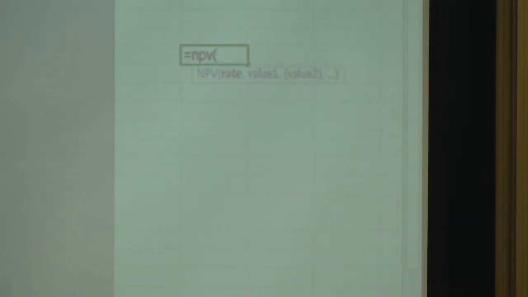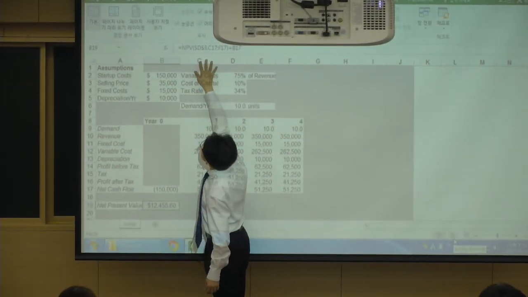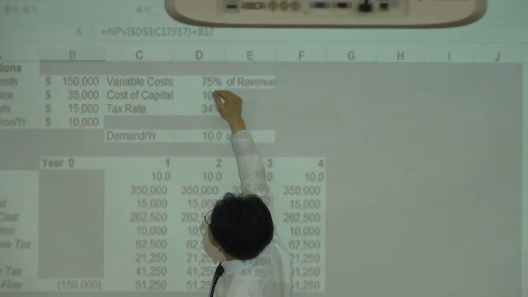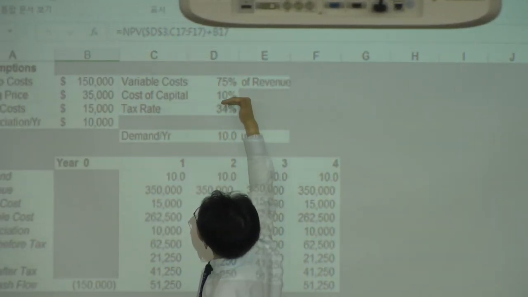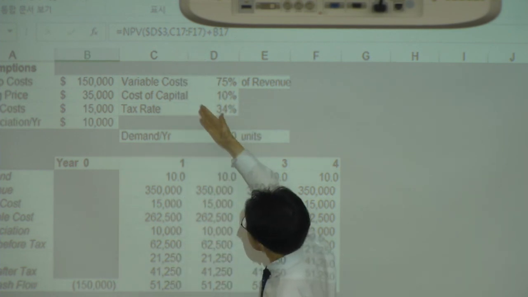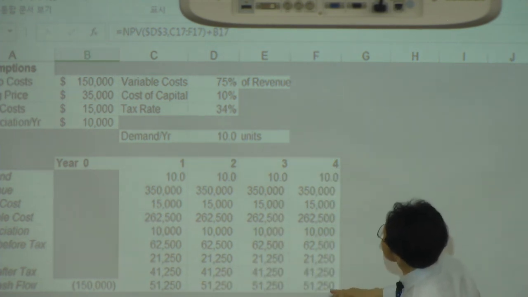So when I look at this one, net present value, NPV, D3 is what? That's the cost of capital. And I want to use this discounting rate for those values in C17 all the way up to F17.